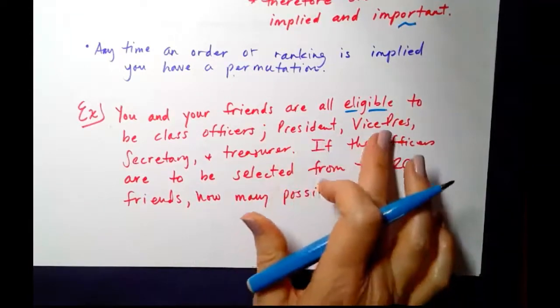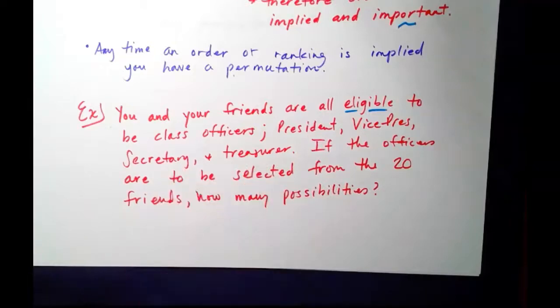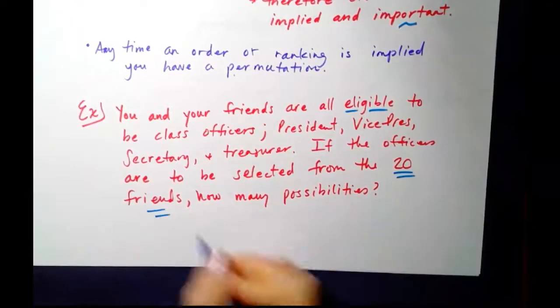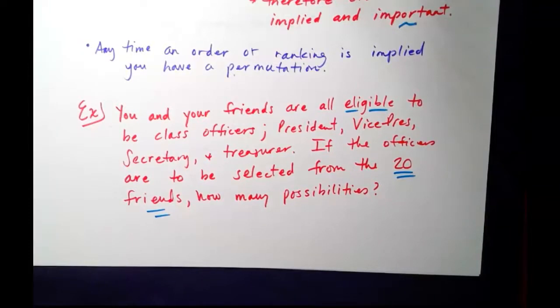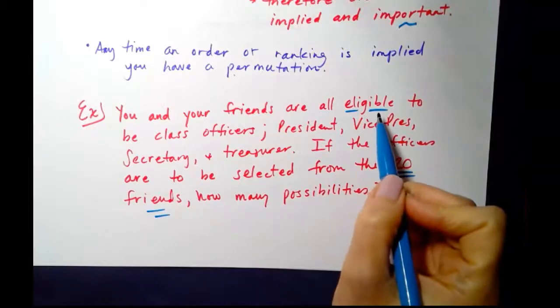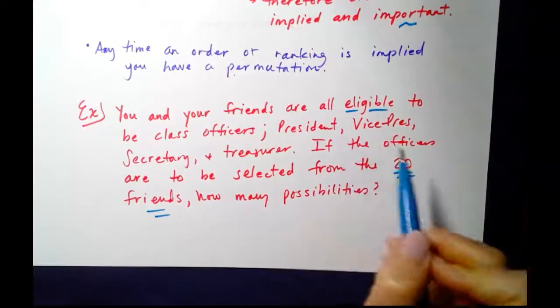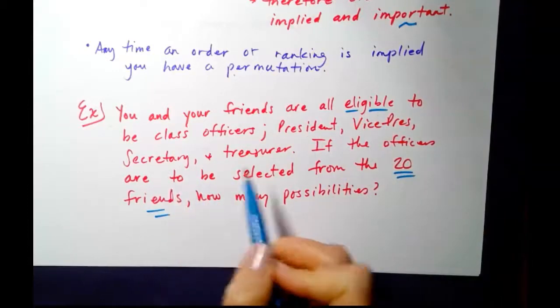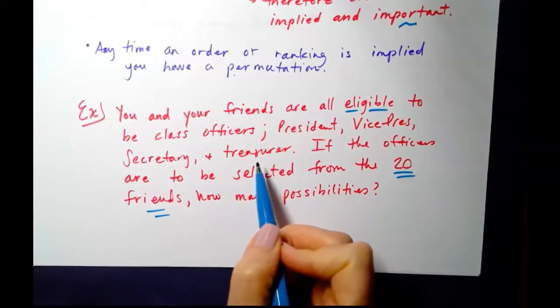A president, a vice president, a secretary, and a treasurer will be chosen. If the officers are to be selected from the 20 friends, how many possibilities are there? So this is implying that everyone is equally eligible to be president or vice president or secretary or treasurer.